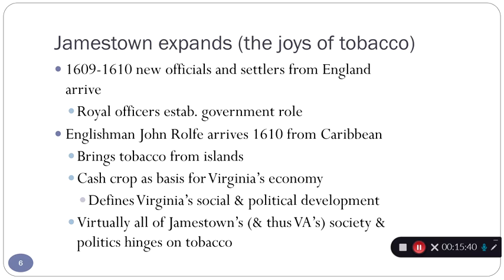And so these royal officers will arrive and help establish that government role, and will help make it so that the British government also has a vested interest in keeping Jamestown afloat.